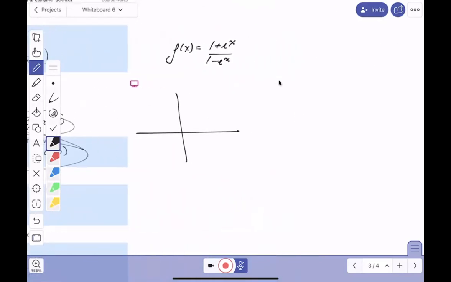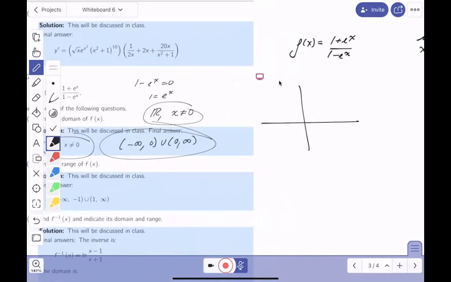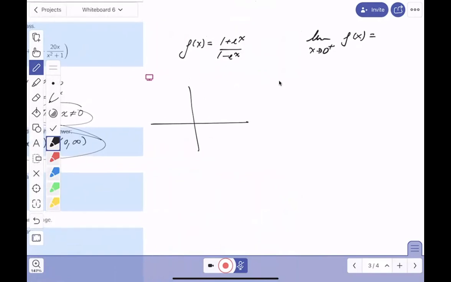And let me go through those limits again too. Limit x goes to 0 from the right, f of x. Let me think again. If you go to 0 from the right, I'm on the right side of the 0. And again, I know the domain has a 0 in it. That's a problematic number. You get 2 on the top, 0 from the right. You can get negative about minus infinity. So I still get that.